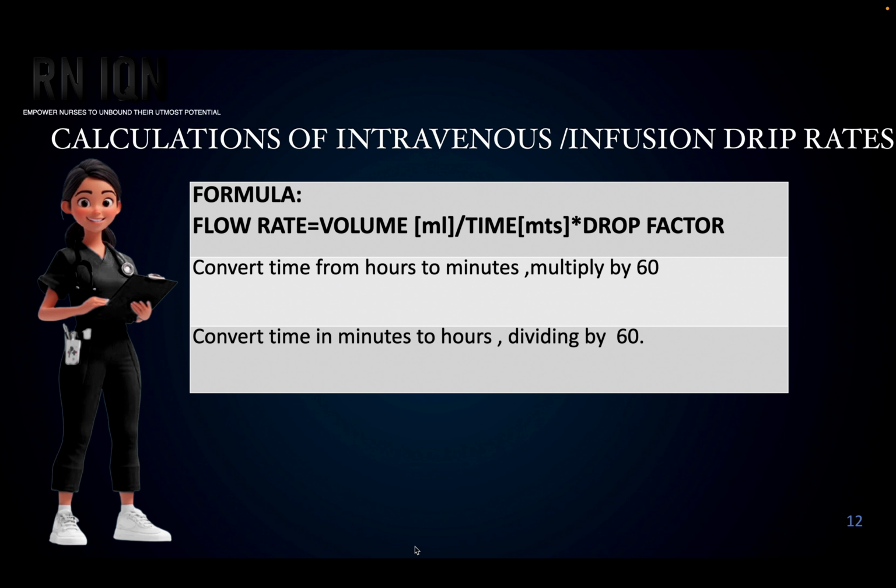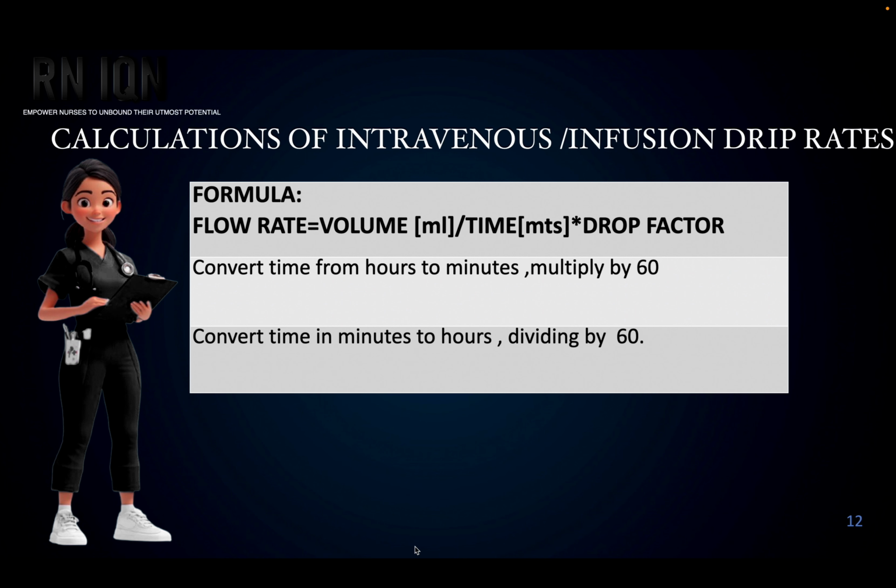Let's look at another type of question where you are asked to calculate the intravenous drip rate or infusion rate. The formula to calculate the flow rate is volume in ml divided by time in minutes into drop factor.